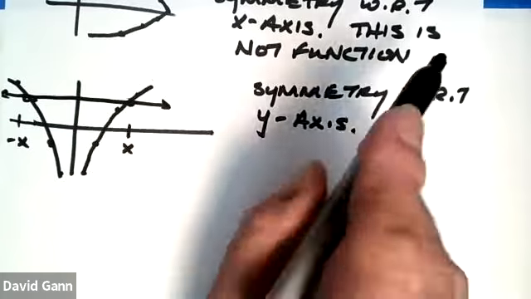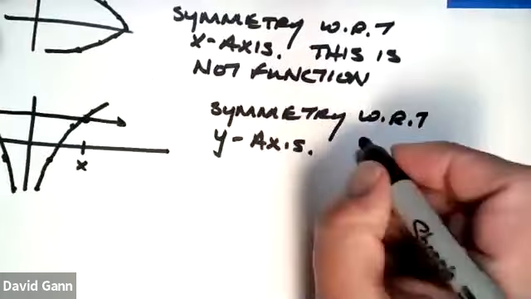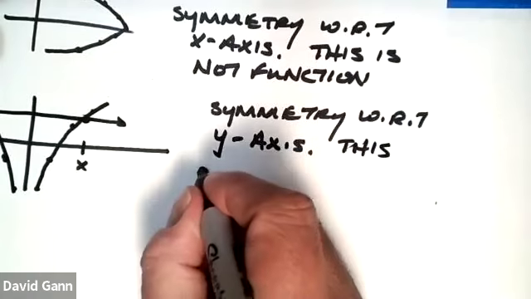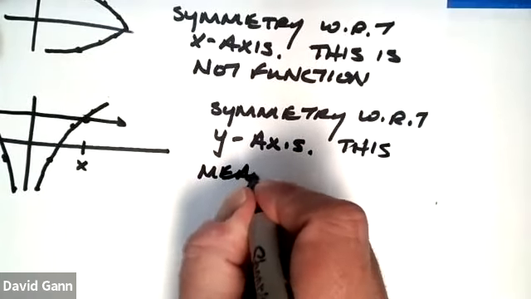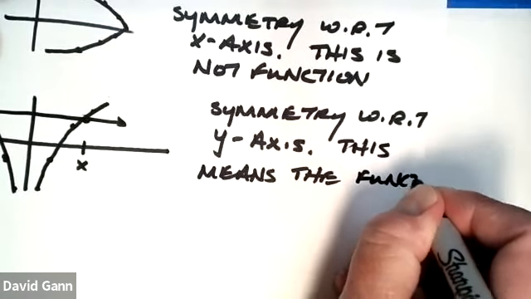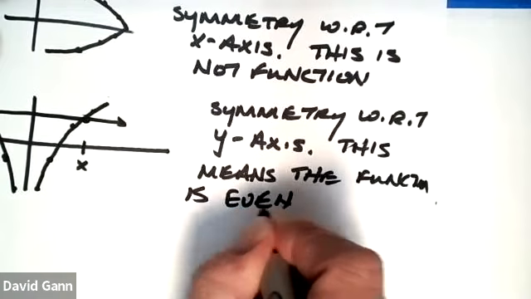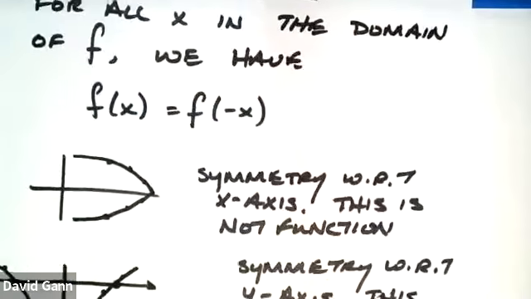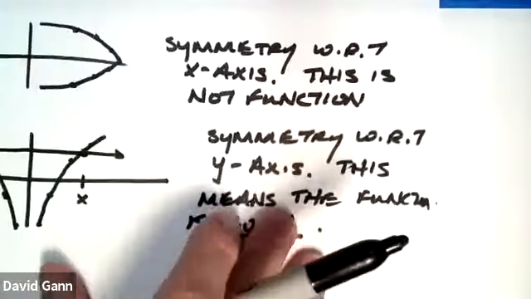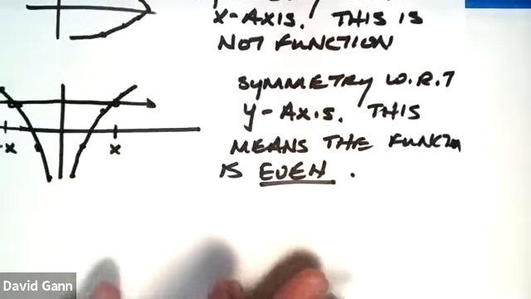That's what is meant by symmetry with respect to the y-axis. This means the function is even as defined. So the definition we used up here, these two things are synonymous. A function is even if it has symmetry with respect to the y-axis and vice versa.